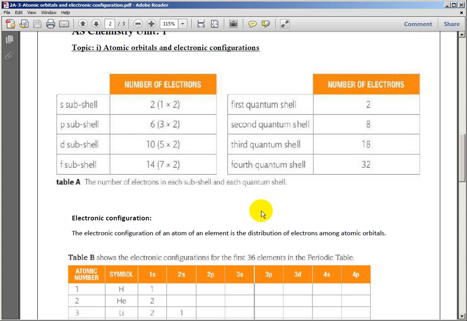What is the atomic number of carbon? Carbon's atomic number is 6, oxygen 8, nitrogen 7. How many electrons are there? These electrons will be distributed.